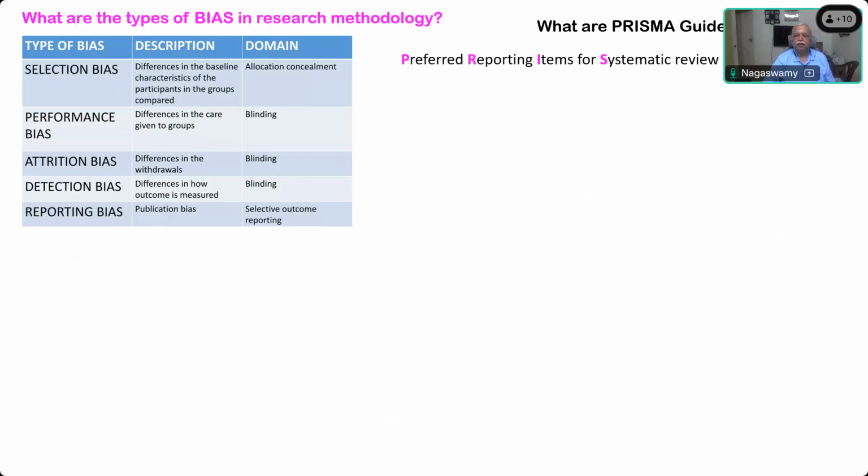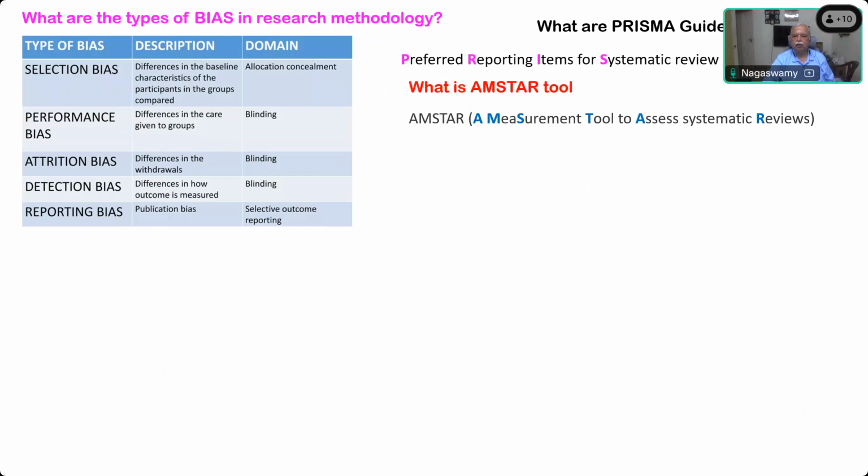That is the short form. Just like Consolidated Standards, you have Preferred Reporting Items for Systematic Reviews and Meta-Analyses. Another acronym is the AMSTAR tool, a measurement tool to assess systematic reviews. So what are the various study designs and guidelines?